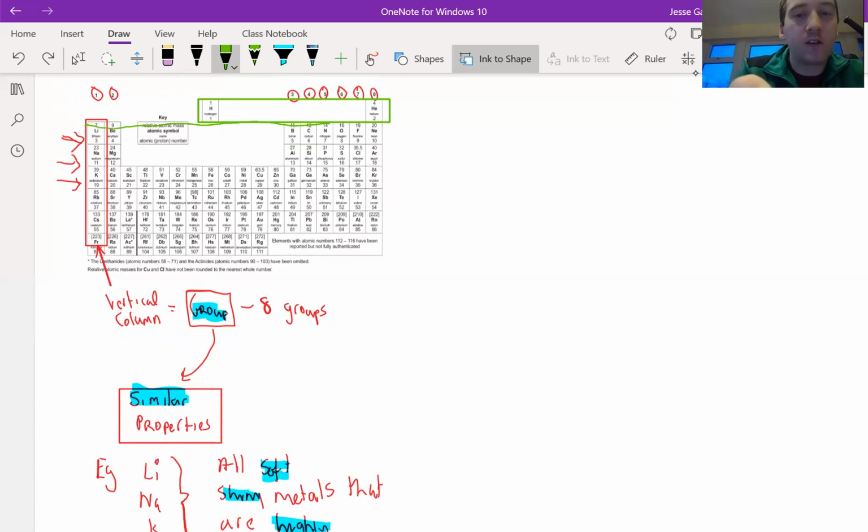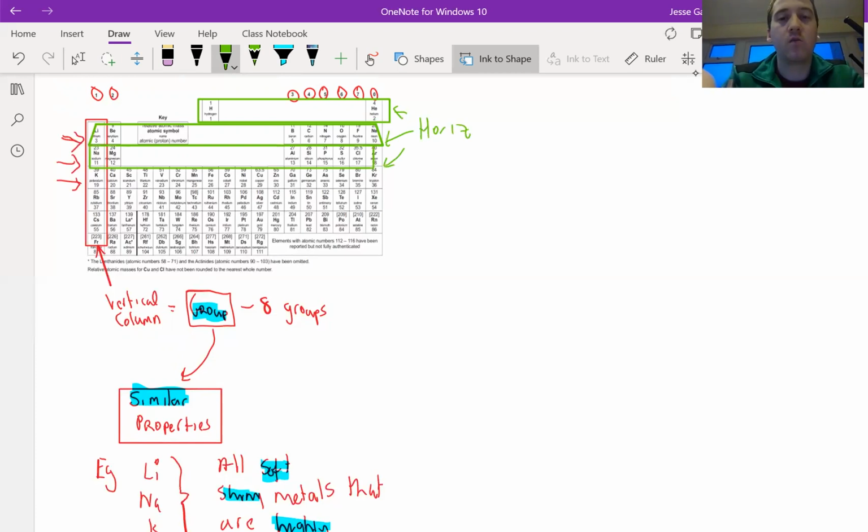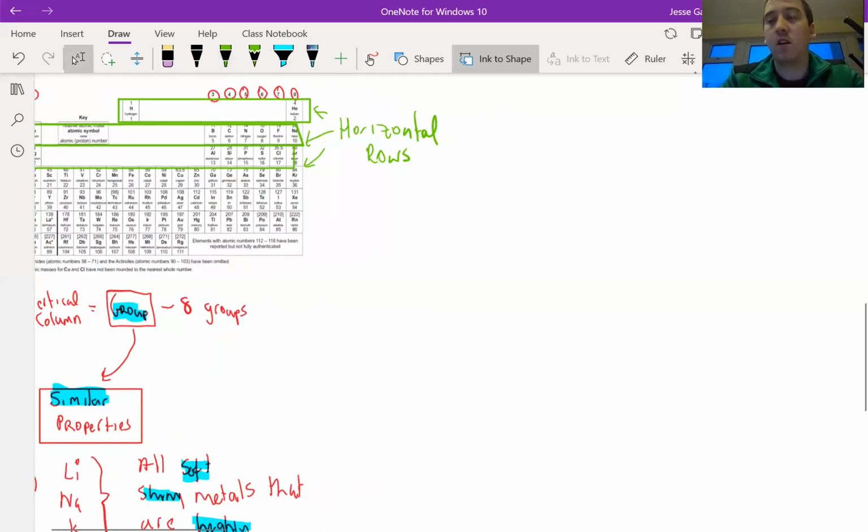So there is 2, there is 3, and so on. It continues down and down. These are what we call horizontal rows. On the periodic table, these are called periods.